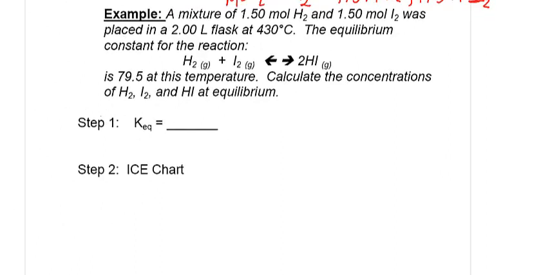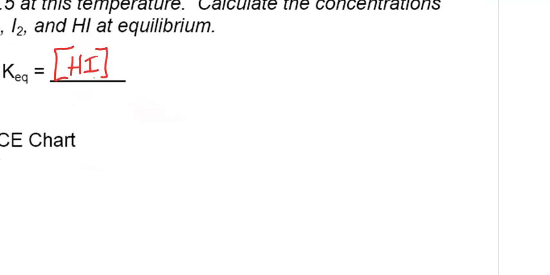The first thing you'll probably want to do though is write your KEQ expression because you're pretty good at that by now, right? We'll put products on top. Our product of our reaction is HI, hydrogen iodide, and it's a gas, and there's a coefficient of 2, so we will need to square the HI.